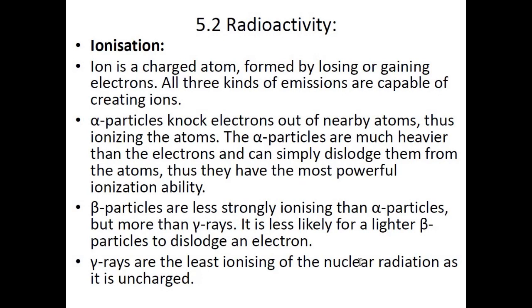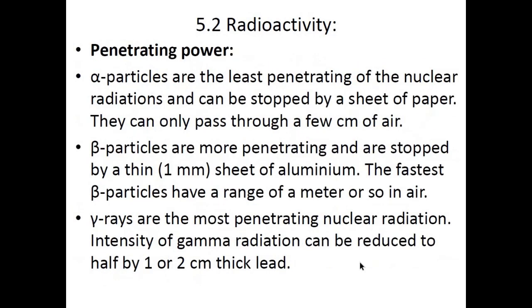Beta particles are less ionizing as they are simply electrons. It is less likely for a lighter beta particle to dislodge an electron, but it does happen. Gamma rays are the least ionizing of the nuclear radiation as they are uncharged, so they are often unable to knock out electrons from a nearby atom.